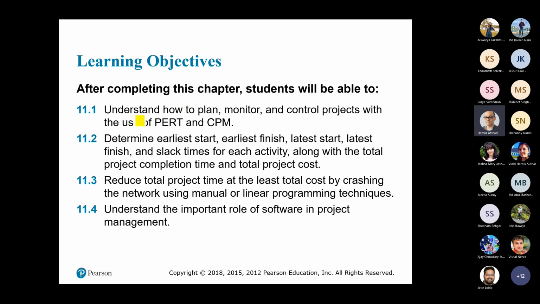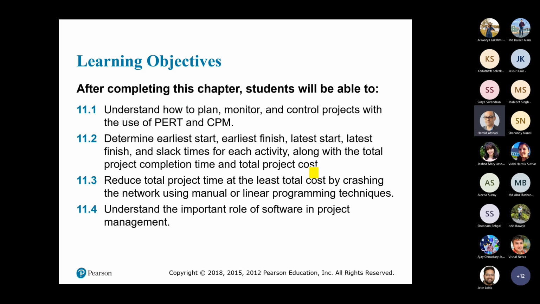Learning objectives: understand how to plan, monitor, and control projects with the use of PERT and CPM. So these are two techniques that you will learn today. Determine earliest start, earliest finish, latest start, latest finish, and slack time of each activity, along with the total project completion time and total project cost.